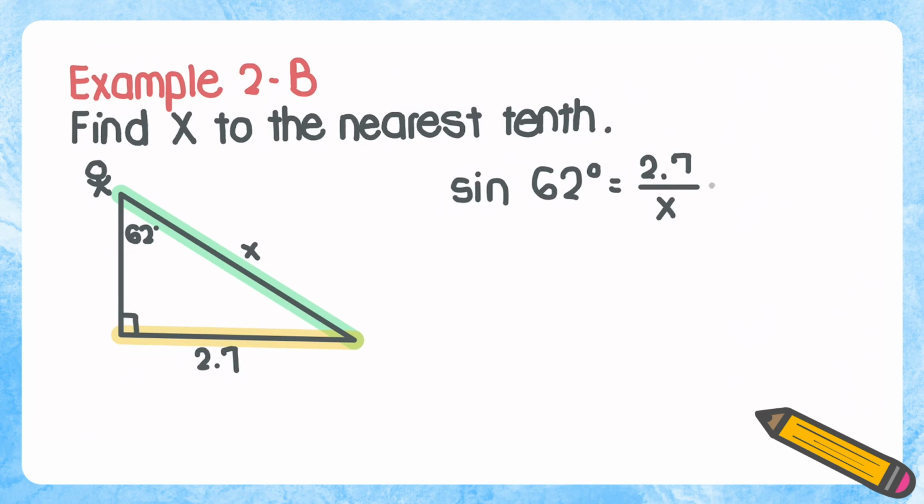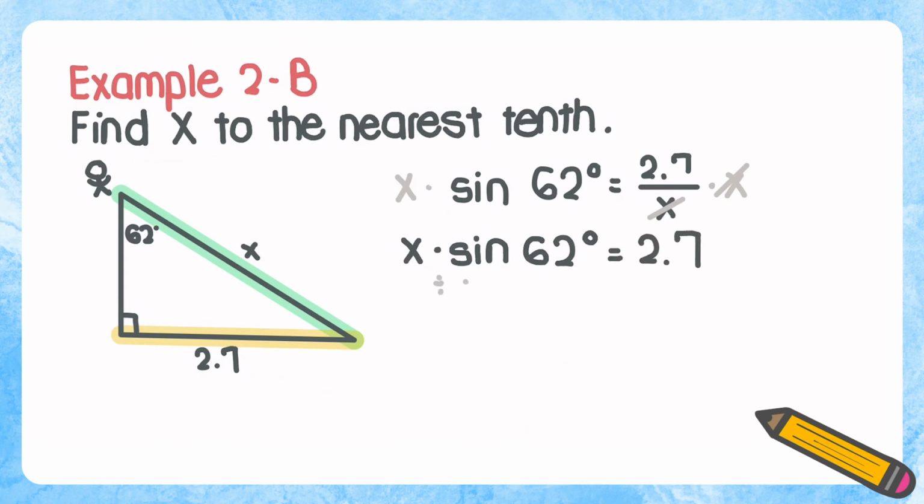So first, we're going to multiply x on both sides so that it's not a denominator. This cancels out, and I have x times the sine of 62 degrees equals 2.7.